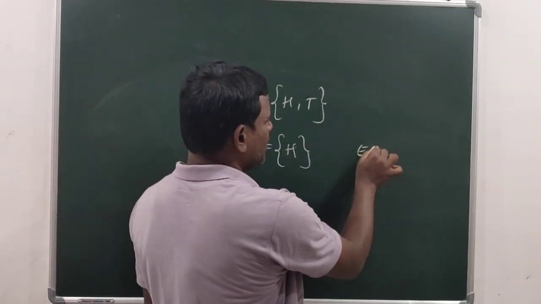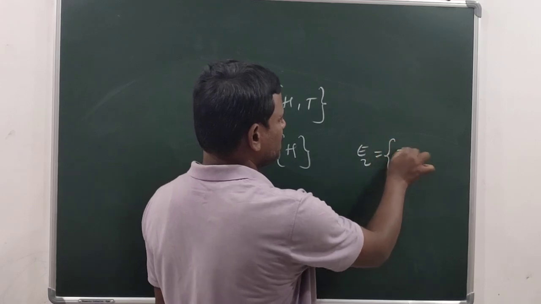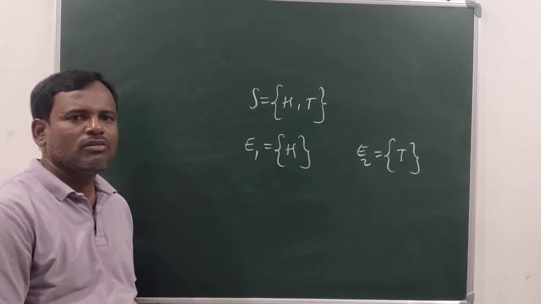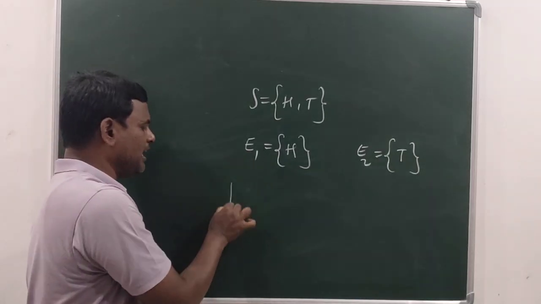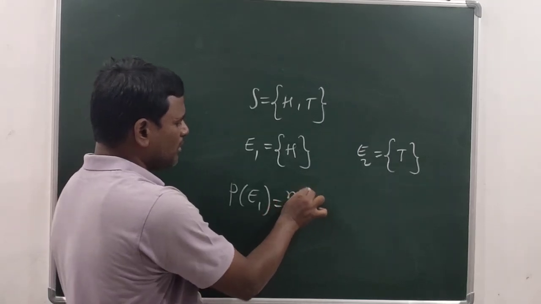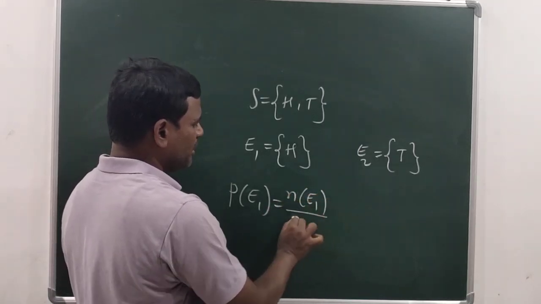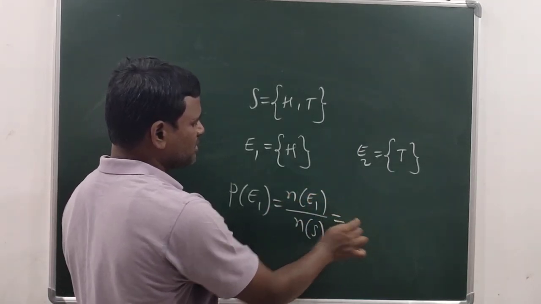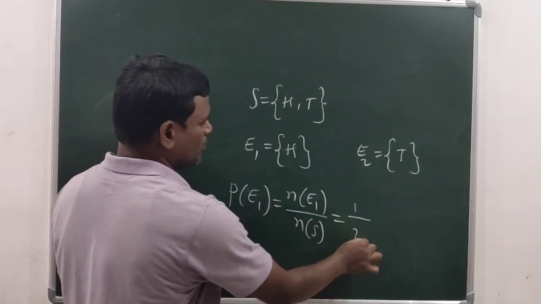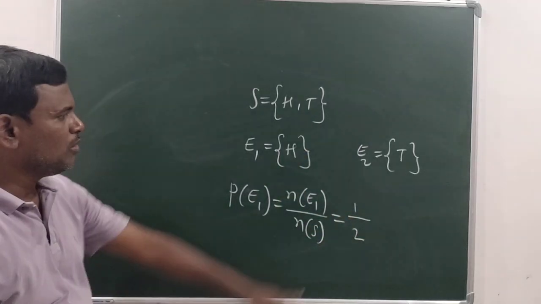E2 be another event which represents getting tail. Now what is the probability of getting head? Means you have to find P of E1. So number of elements in E1 by number of elements in sample space. Here how many are there? 1. Here how many are there? 2. 1 by 2.